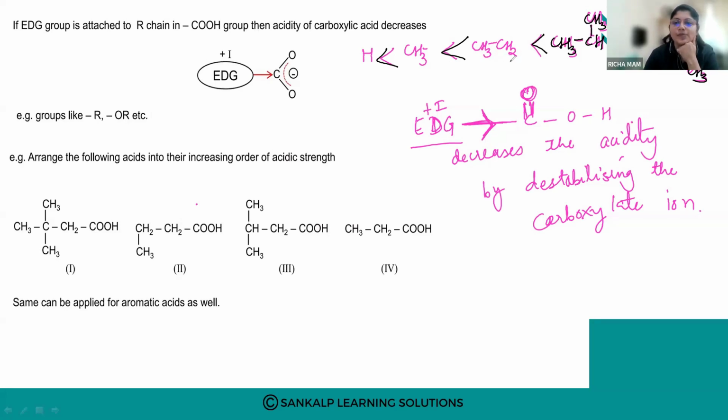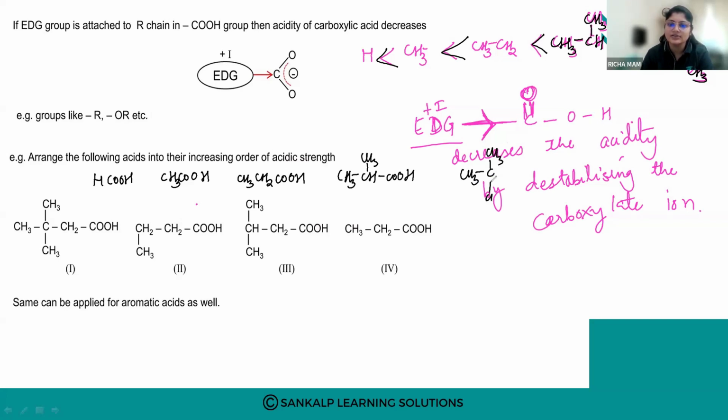Now suppose I have here HCOOH, I have acetic acid, I have CH3CH2COOH, then I have CH3CH(CH3)COOH, then I have (CH3)3C-COOH.